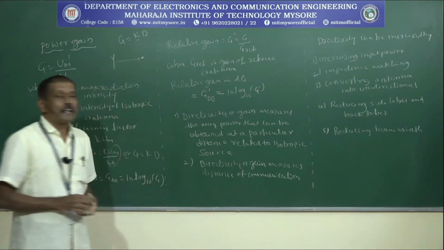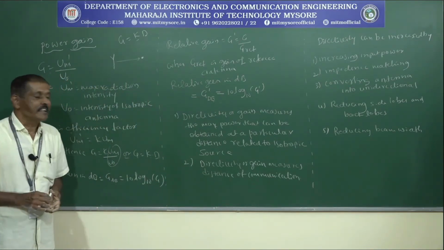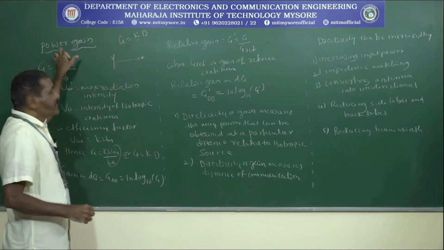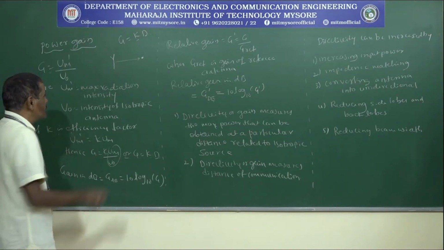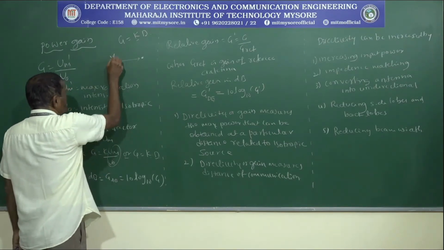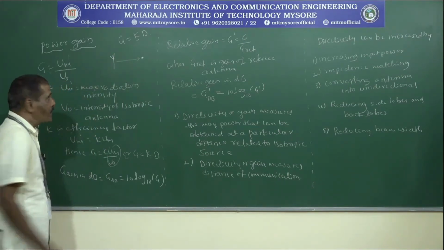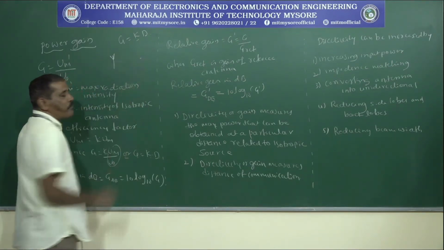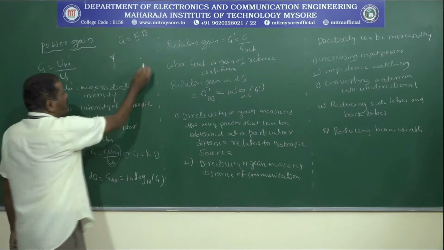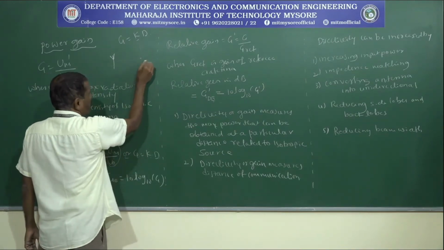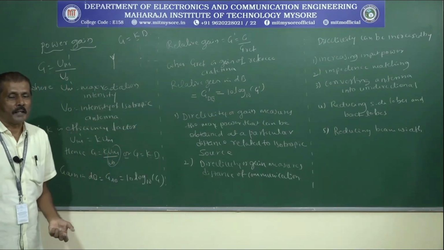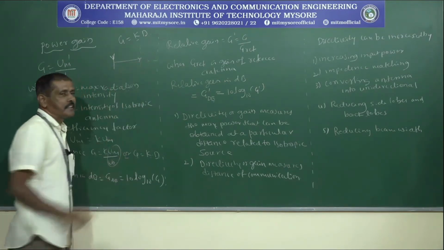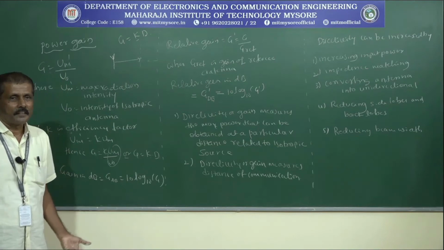The second one is that directivity or the gain measures the distance of communication. That means if this is your antenna, and up to this particular point you are getting the maximum power, and after this you are not getting power from the antenna, then we can say that up to this distance you can communicate.